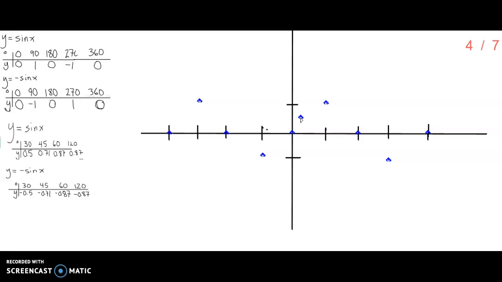That's not quite 0.5, it's a little higher. And then at 45, we're at 0.71, so we're a little higher. And then at 60, we're at 0.86. And then we come back down. And we're going to follow that pattern in both the positive and the negative direction.